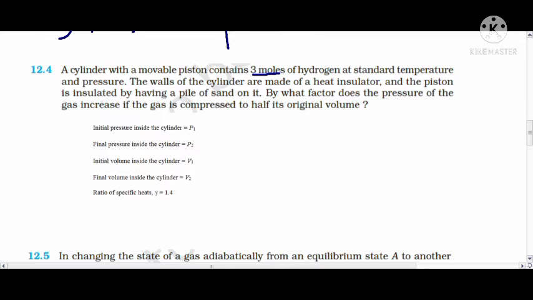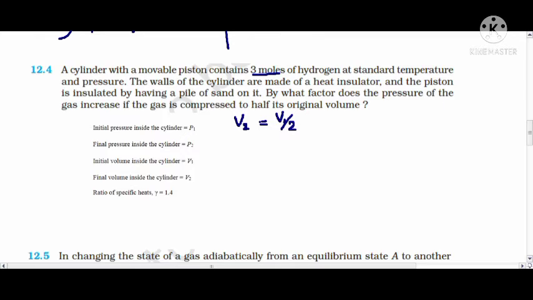By what factor does the pressure of the gas increase if the gas is compressed to half of its original volume? The question says that the final volume V2 is equal to half of the initial volume, that is V1/2.